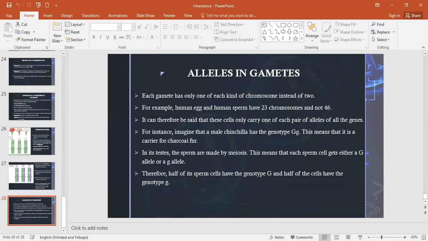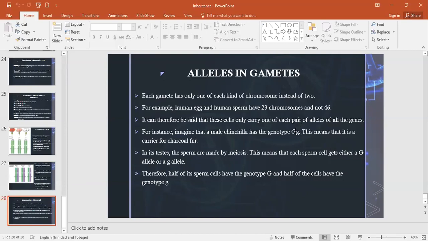So for example, in a male rat or chinchilla, if it's heterozygous, meaning it has one dominant, one recessive, it is a carrier for the charcoal fur, right? So in its testes, when the sperm are made by meiosis, all right, the sperm cell will get either the capital G or the lowercase g allele. So it will get either this or this.